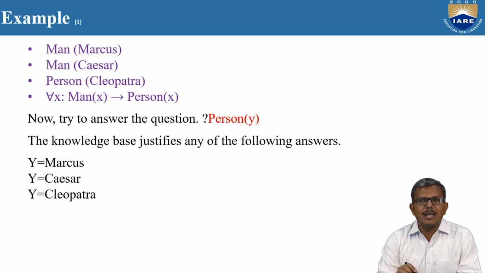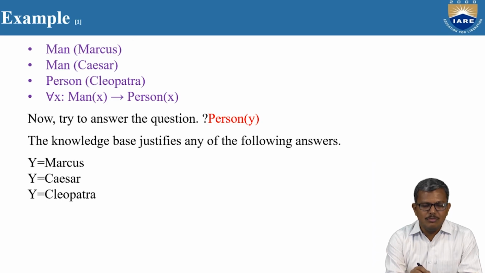Let's take one example and try to understand in real-time cases how declarative knowledge and procedural knowledge differ. For example, think that this is the information given to us: Marcus is a man, Caesar is a man, Cleopatra is a person. So what are these things talking about? These things are the facts.